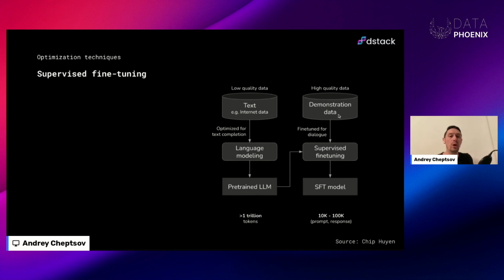Again, no human involvement is needed, other than preparing quality data, and then you get a model trained with supervised fine-tuning. This is how the Llama 2 base model was trained.